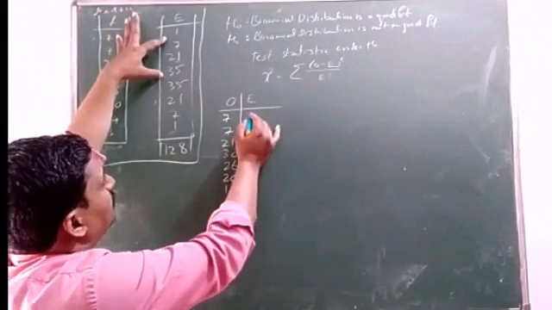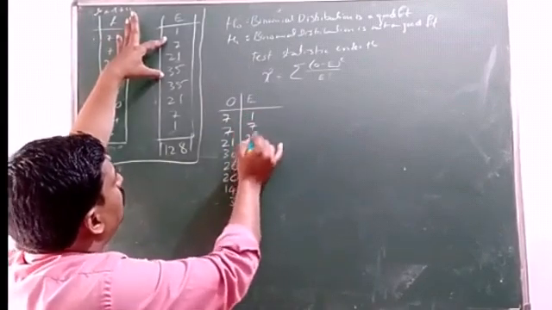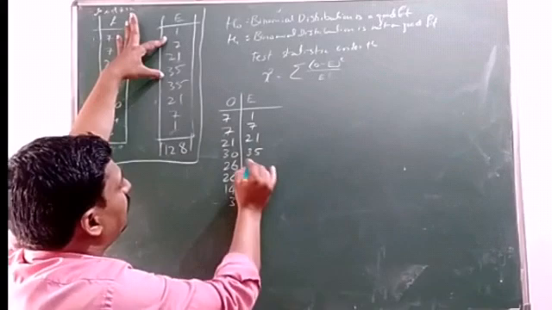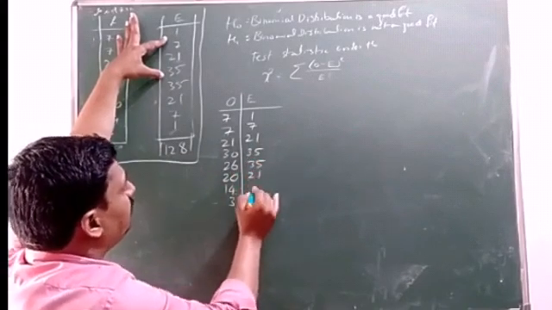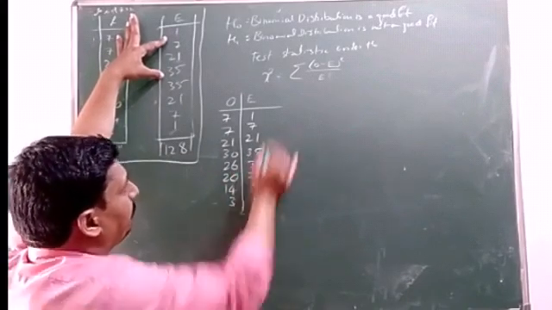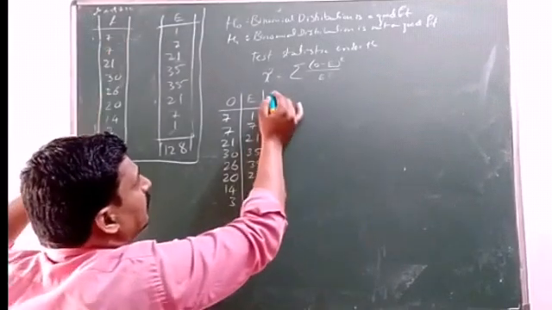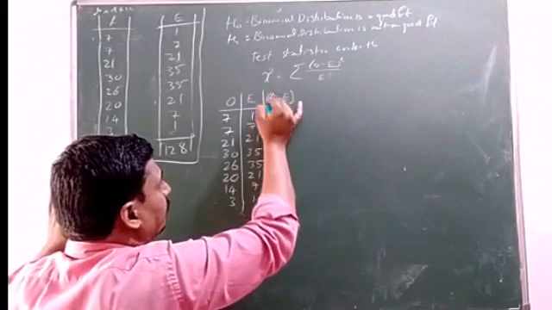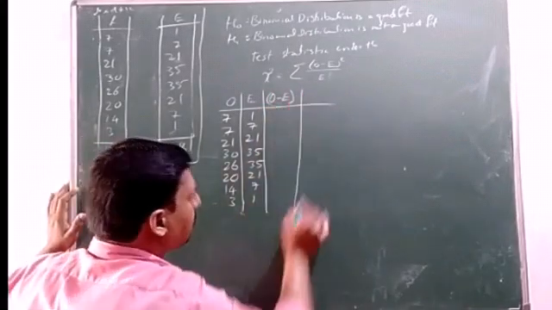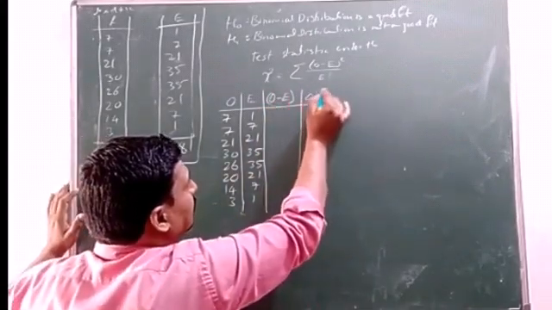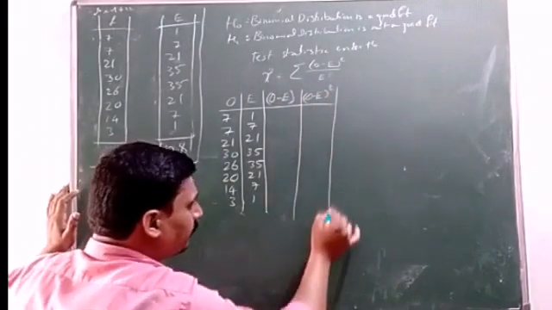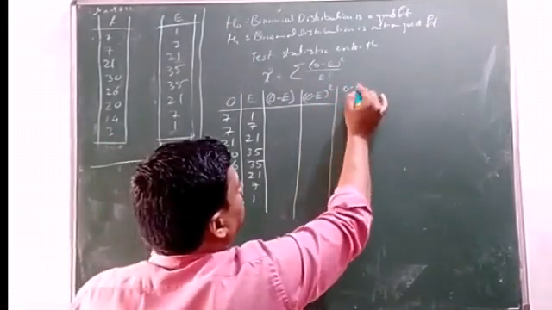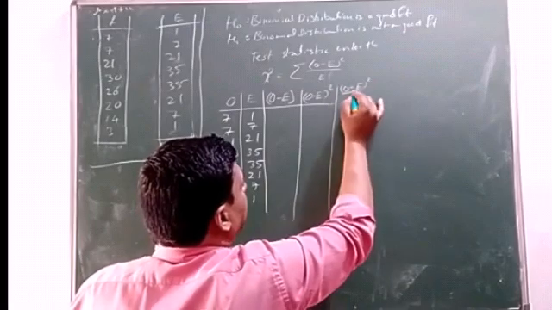Expected frequencies are 1, 7, 21, 35, 35, 21, 7 and 1. So now we need to calculate O minus E whole square, then (O minus E) square divided by E.